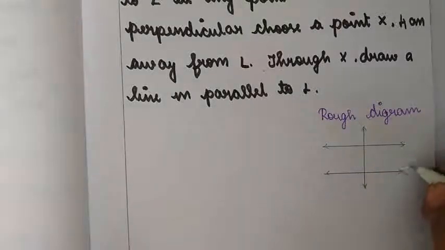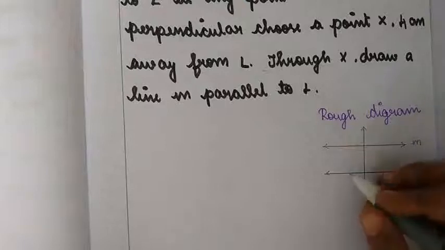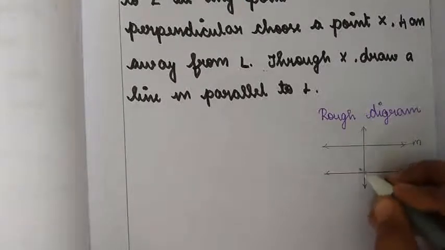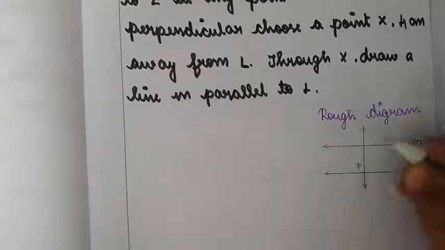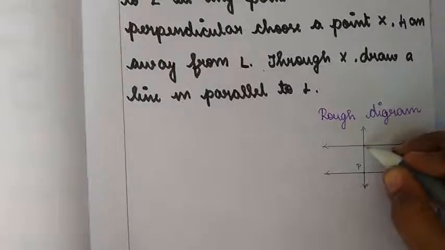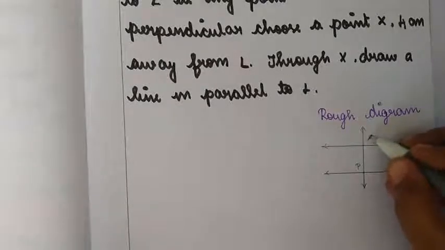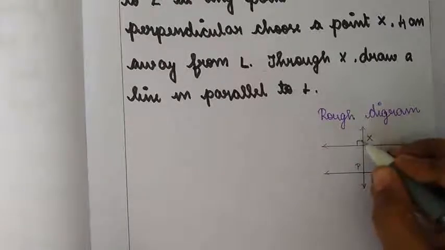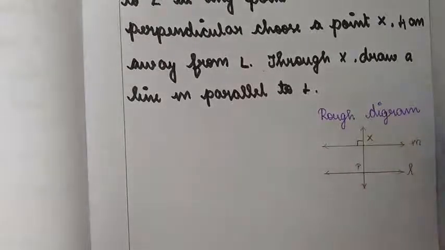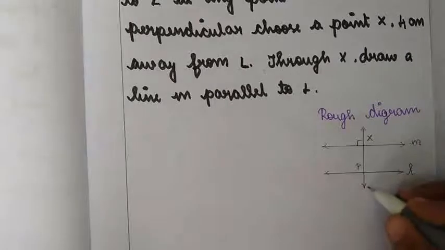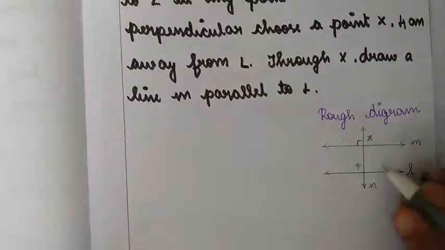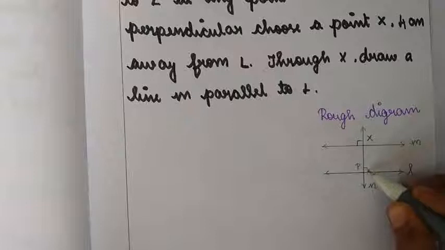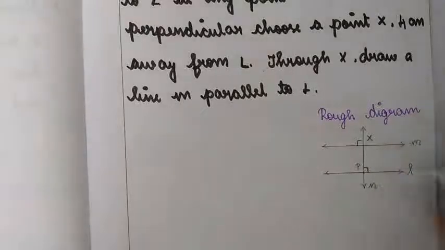This is line L. Let me take this one as M. This is point P, the intersecting point. This intersecting line is X. This is a perpendicular line, so it is 90 degree. This also 90 degree. This is a rough diagram.